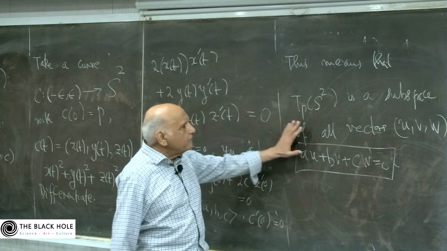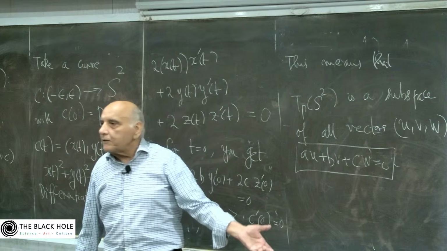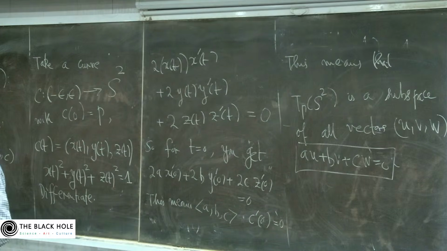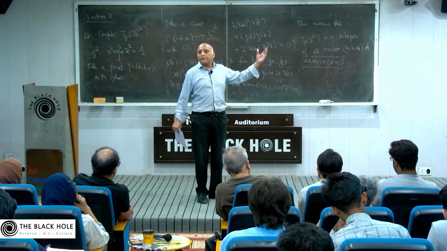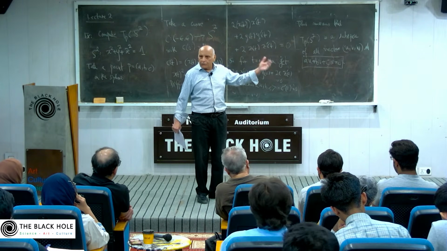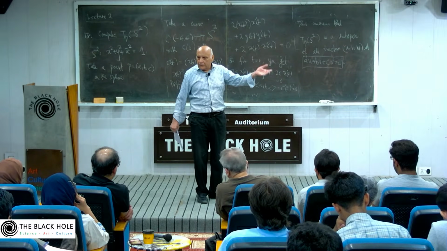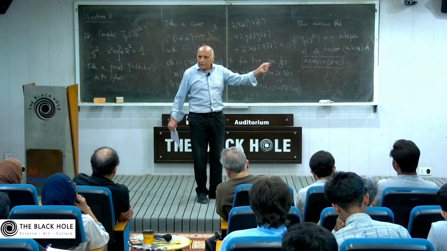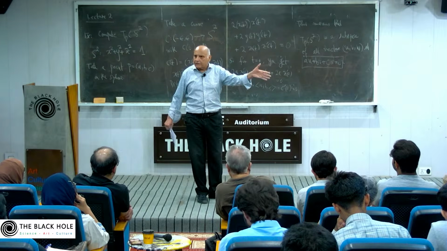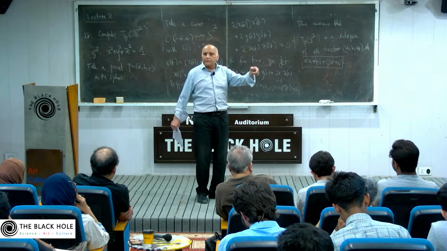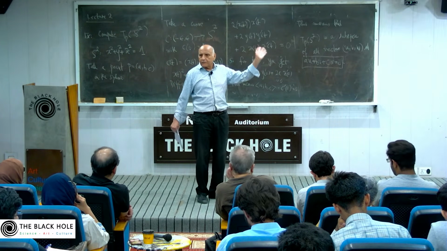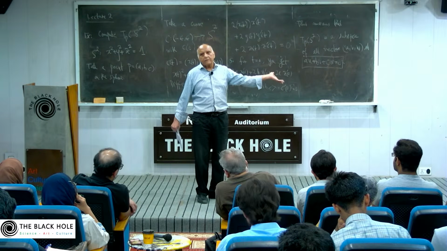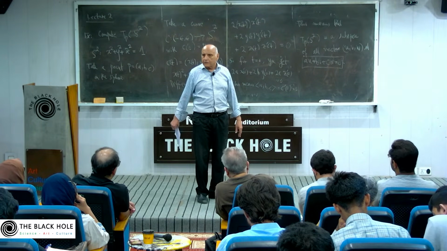So it is a subspace of R3, and why is it exactly 2 dimensional? The same trick. If a squared plus b squared plus c squared is equal to 1, let us suppose a is positive, then you can solve for a in terms of b and c, and then you vary b a little bit, keep other fixed, you will get one curve. You vary c a little bit and keep the other fixed, you will get another curve, and they will have non-zero tangents.